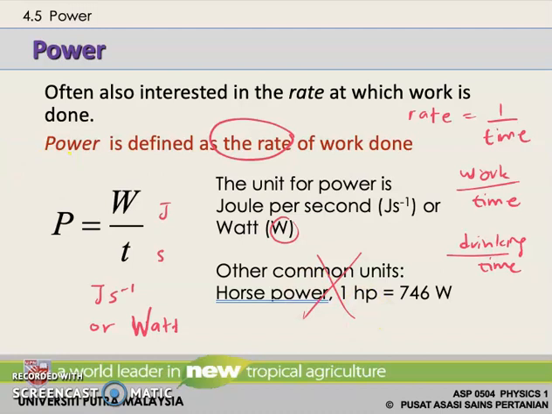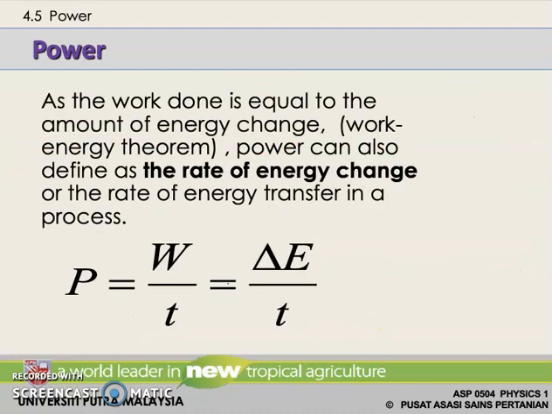Okay, so that is power, and power is also defined as the rate of energy change. So what is energy change? Energy change is delta E. Remember that we learned that work done should be equal to the change in KE. We had our work energy theorem.